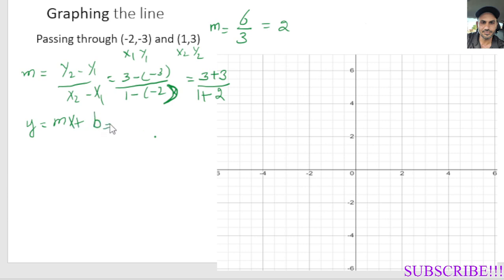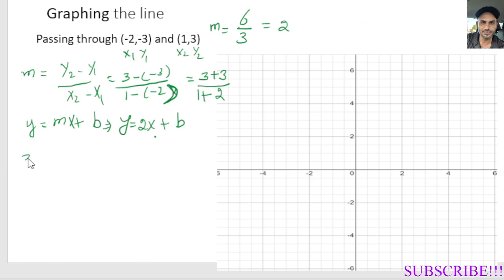From here we can plug in the information that we have. We know y equals 2x plus b, where m is 2. So the only unknown here is the y-intercept, this b right here. Now we're going to take one of these 2 points and plug it in. Let's take the second point.